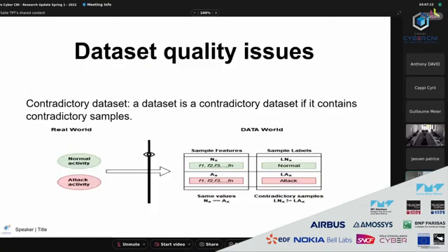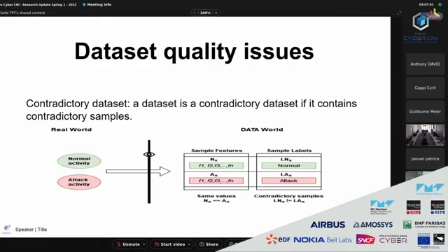At first, in order to understand our contribution, we need to introduce some background knowledge about the quality criteria of the dataset, and also understand how the attack generators work and the criteria we rely on to obtain impactful and efficient evasion attacks. In this work, we focus on one particular dataset quality issue because it is closely related to adversarial sample generation: the contradictory dataset.